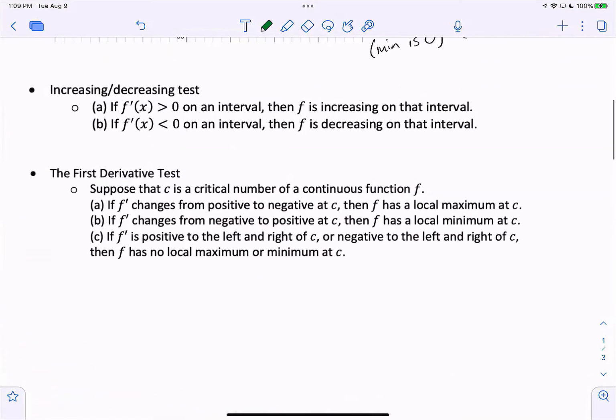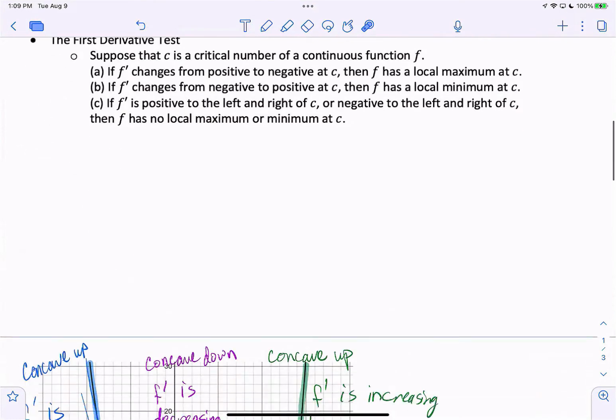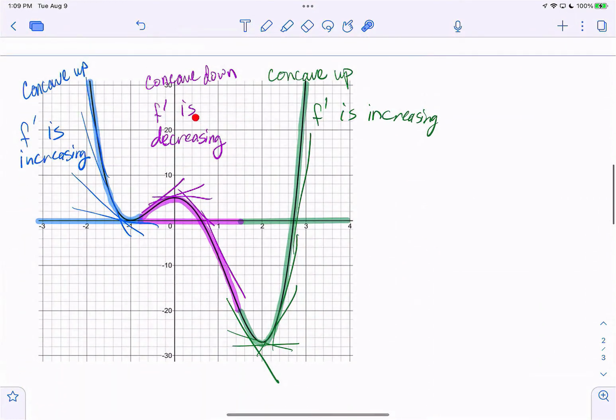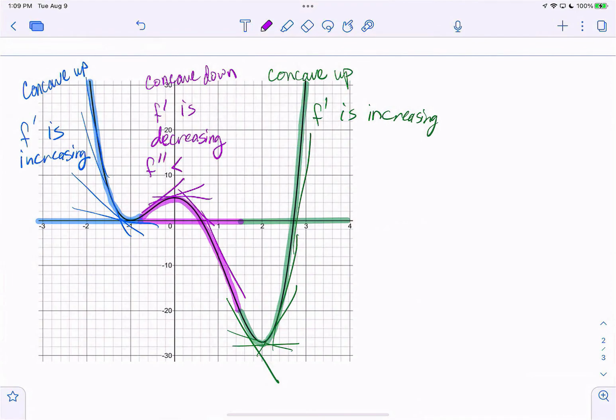Now let's go back to what we saw before. I'm just going to ask you to hang on here. When f was increasing, we said f prime was positive; when f was decreasing, we said that f prime was negative. When f prime is decreasing, we will say that f double prime is negative.